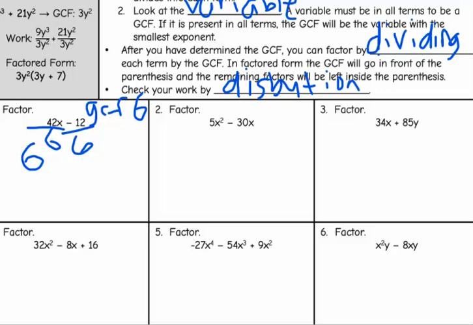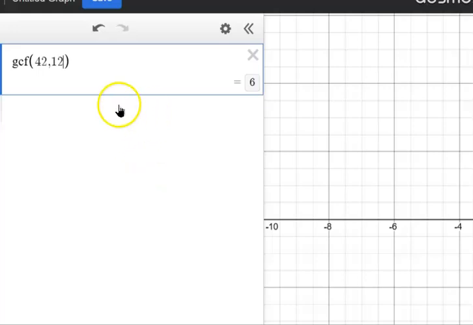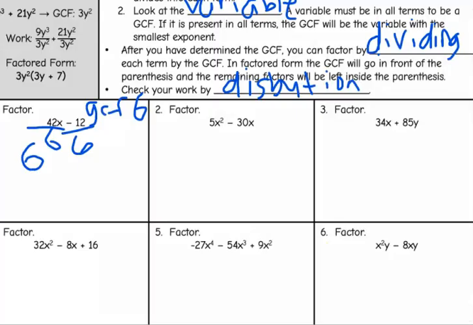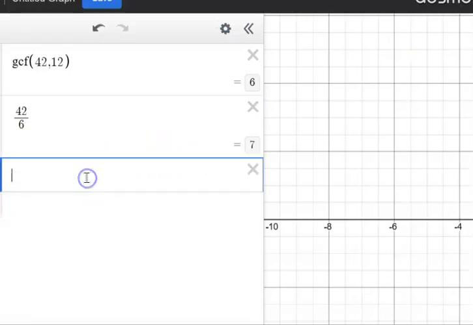All right, so we're going to do 42 divided by 6 in DESMOS. 42 divided by 6 is 7. So you're going to put parentheses here. We're going to put 7. And then we're going to keep that x. And then we're going to do 12 divided by 6. 12 divided by 6 is 2.